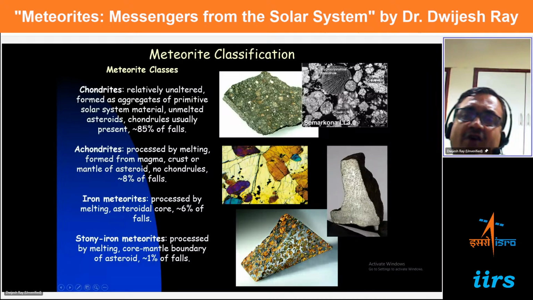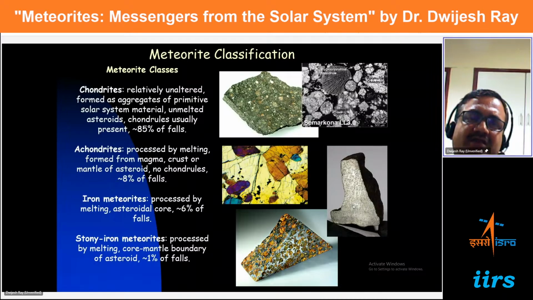Another type is made up entirely of iron-nickel alloy. This is the iron meteorite. You can see the beautiful Widmanstatten texture. Basically, this is an intergrowth of two minerals, kamacite and taenite, which form in a particular crystallographic direction, and the result is this beautiful texture.